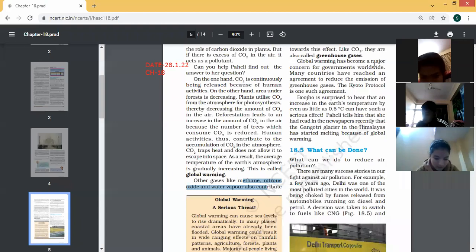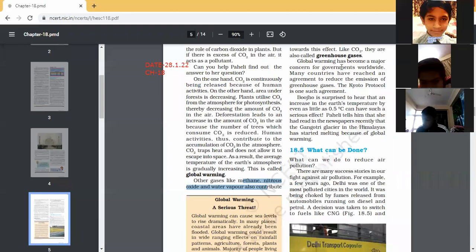Global warming has become a major concern for governments worldwide. Many countries have reached an agreement to reduce emission of greenhouse gases. The Kyoto Protocol is one such agreement. Bujo is surprised to hear that an increase in the Earth's temperature by even as little as 0.5 degree Celsius can have such a serious effect.